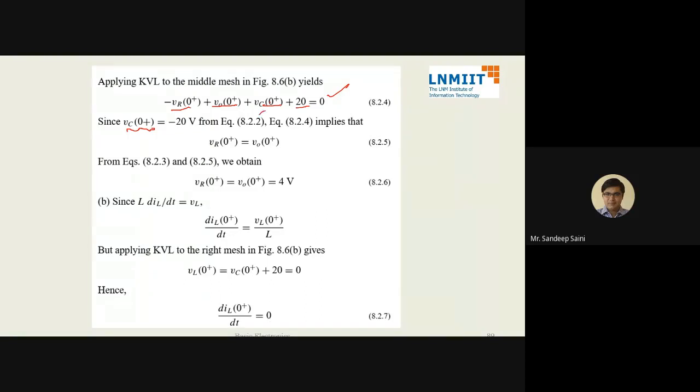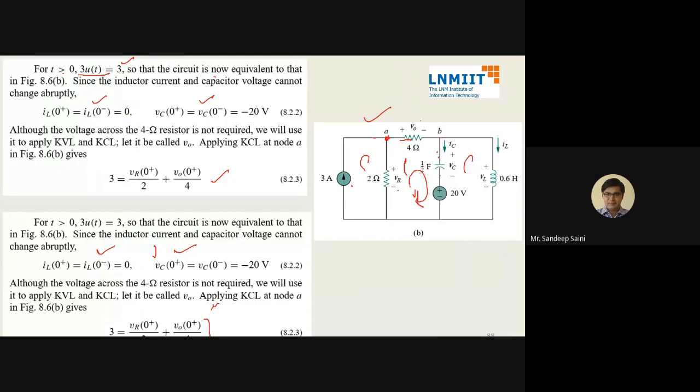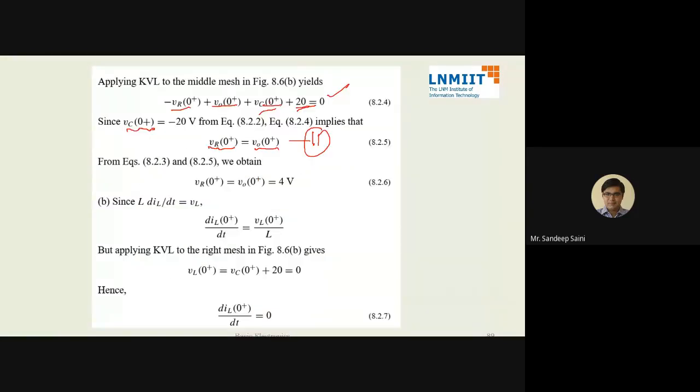So this is minus 20, this is plus 20. That means VR at 0 plus is VO at 0 plus. And now this is my equation number 2 and this is my equation number 1, 2 variables, 2 equations, I can solve for VR at 0 plus.